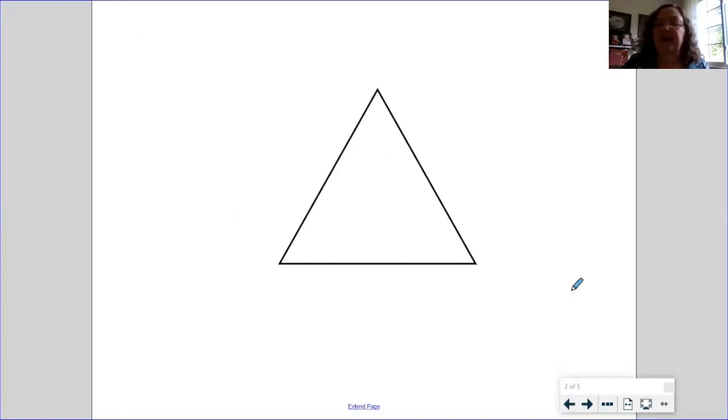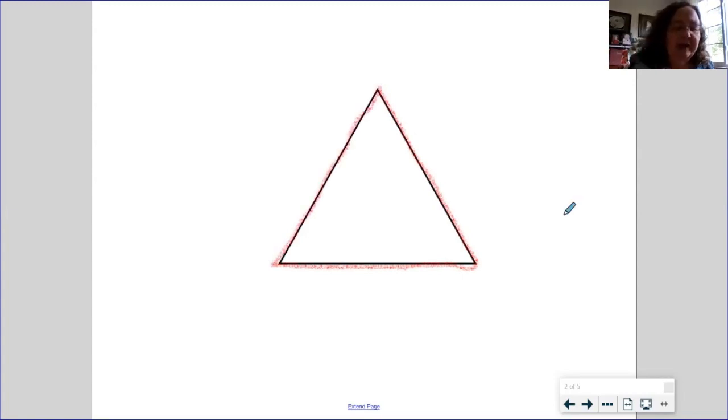So let's all take our crayons, and I'm using my crayon to color around the perimeter of my triangle.